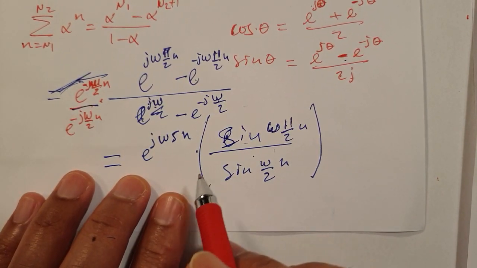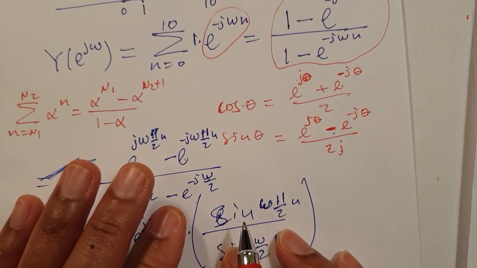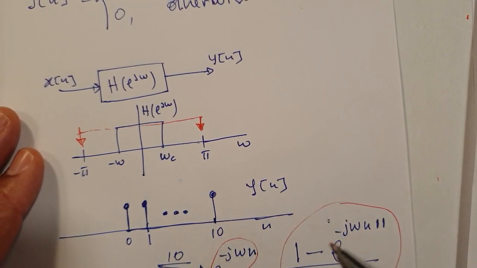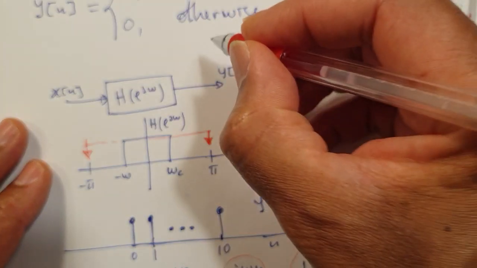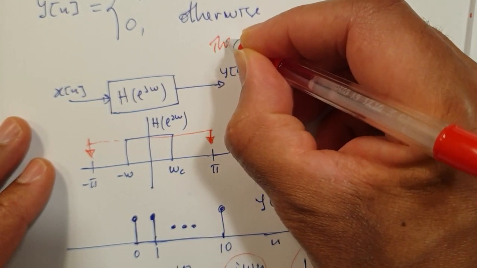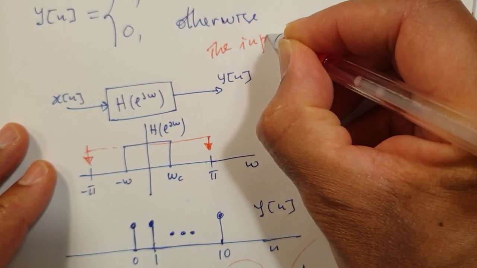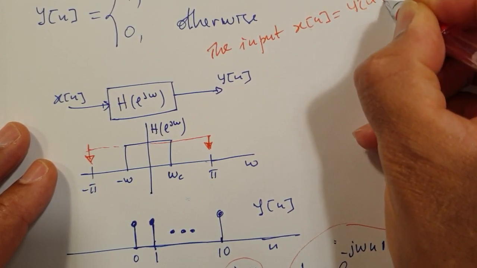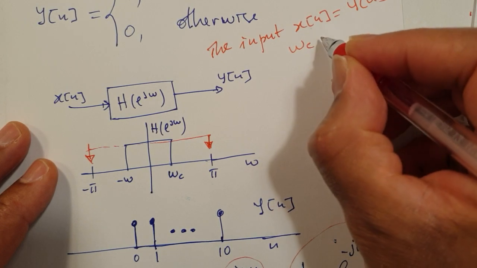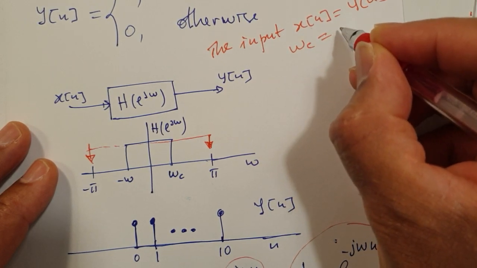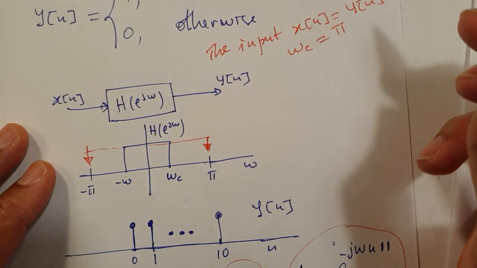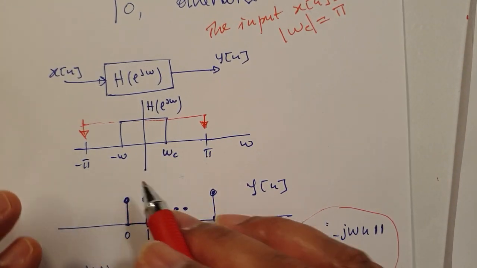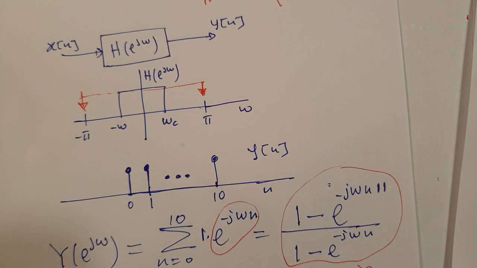So the only way to get this y as output is that the input x of n must be equal to the output y of n, and the frequency must be equal to pi. Okay, I'll put it in absolute value because it's minus pi or pi. So that's the idea.